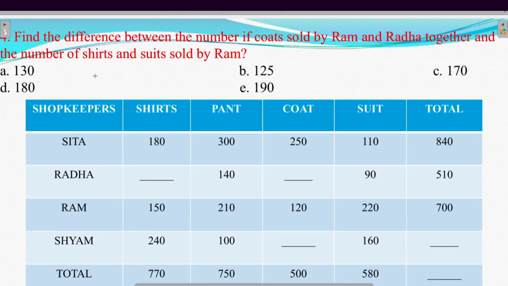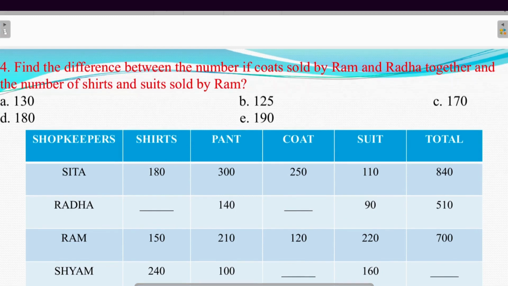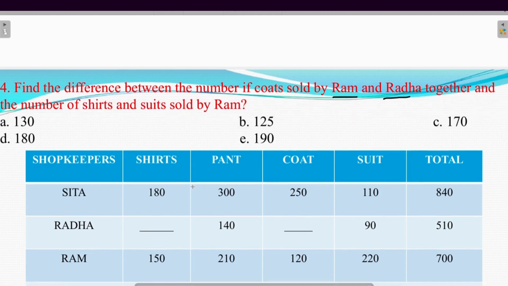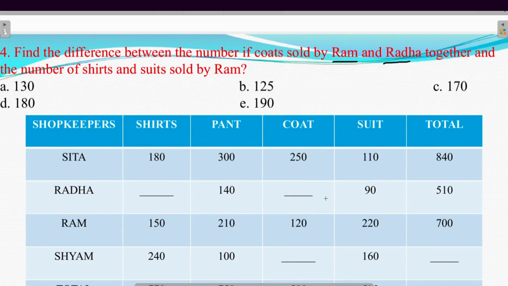Now find the difference between the number of coats sold by Ram and Radha together, and the number of shirts and suits sold by Ram. The coats of Ram and Radha together, this value we know already, 80. Okay, 80.